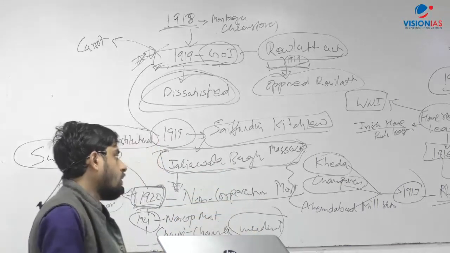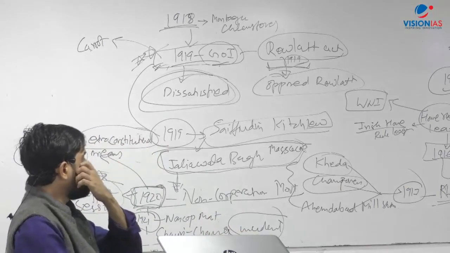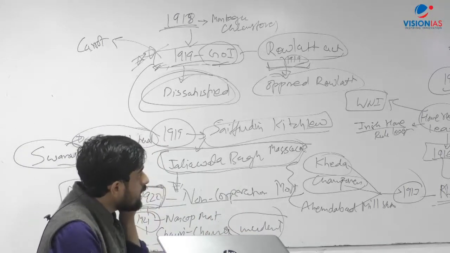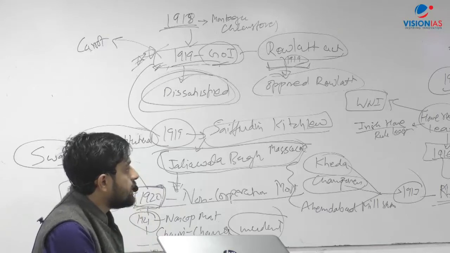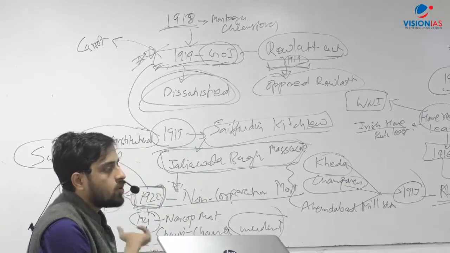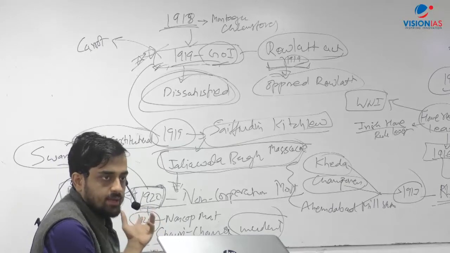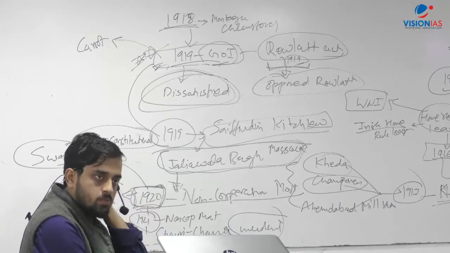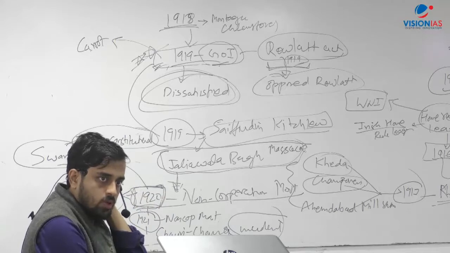Now also apart from this, what is important from the mains point of view is the orientation, the contribution or the significance of the non-cooperation movement itself. That is also something important from the mains point of view.